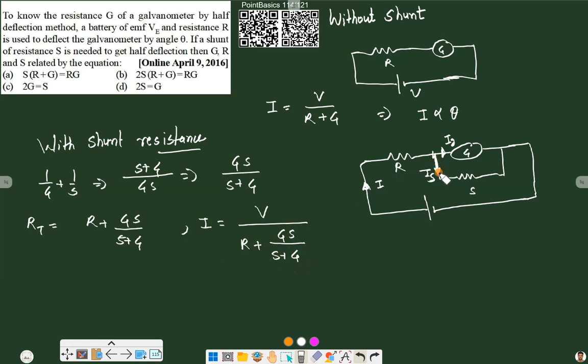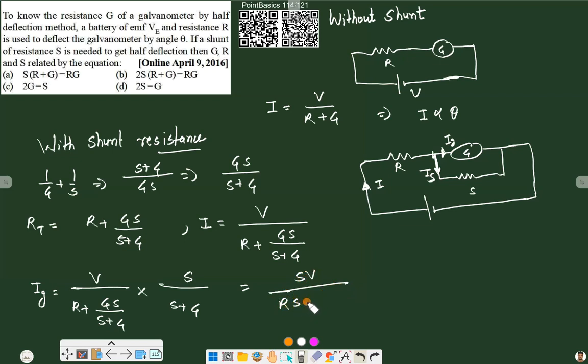And now splitting this current into Ig and Is, Ig will be equal to the original current, that is V by R plus GS by S plus G, multiplied by, as we have to find through the galvanometer, so we will take the opposite resistance S divided by total S plus G, and this will be equal to, as S plus G we can cancel after taking LCM, S into V divided by RS plus RG plus GS.